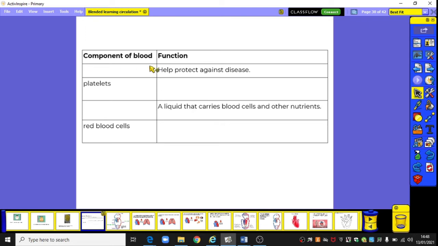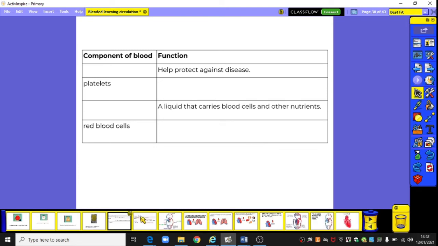On the other side of the table, some of them have been filled in for you, but for the ones that are empty, can you think of the description that will go into that spot? How could we describe platelets? And how could you describe red blood cells? If you're struggling with this, go back in the video slightly and have a look at the slides previously so that you can fill it in. Pause the video to fill out the table.